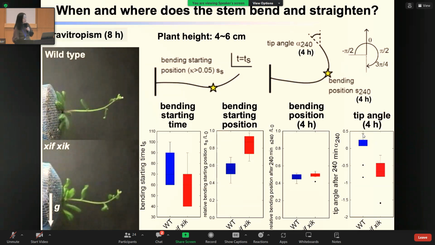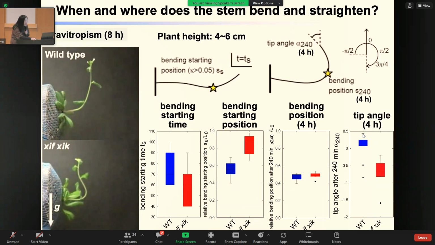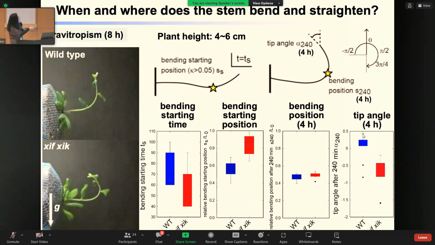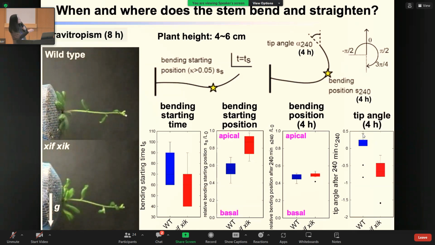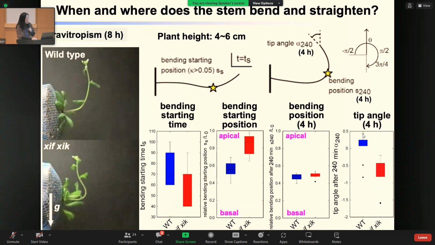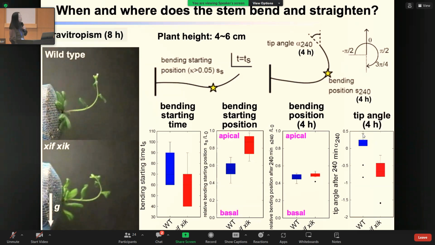We found that the position at which bending started, indicated by the star, was closer to the tip in the mutant. This positional difference was cancelled out after 4 hours. This suggests that the elongating zone in the mutant stem was different from that in the wild type stem.